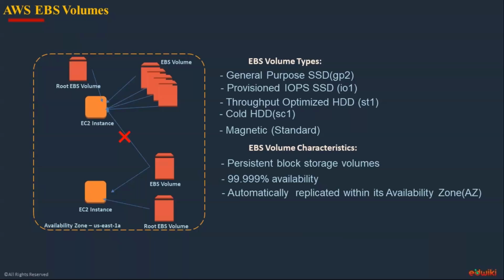In the backend, AWS will actually create two or three 10 GB volumes in the same availability zone, and they will be replicating your data into multiple other volumes as well. That is how they maintain the availability. If one hard drive crashes for any hardware issue, you are able to access your data from other hardware. So that's how AWS takes care of it in the backend.